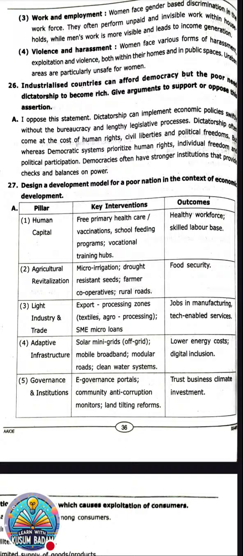With less water, they can survive, by preparing that variety of seeds. Then farmer cooperatives and rural roads: road construction, farmers' cooperatives, banks for the farmers. So what are the outcomes when the intervention is done? The first one, when human capital is invested, they are concentrating on the human capital.